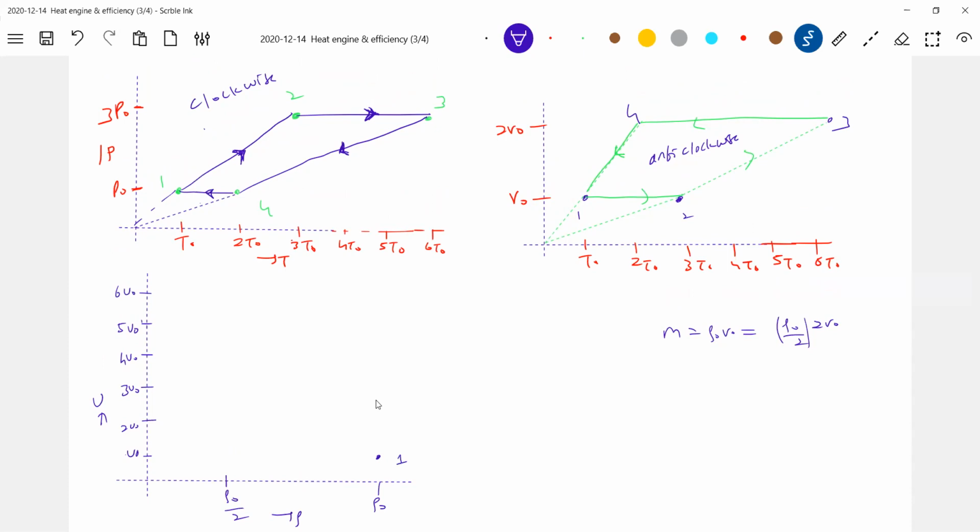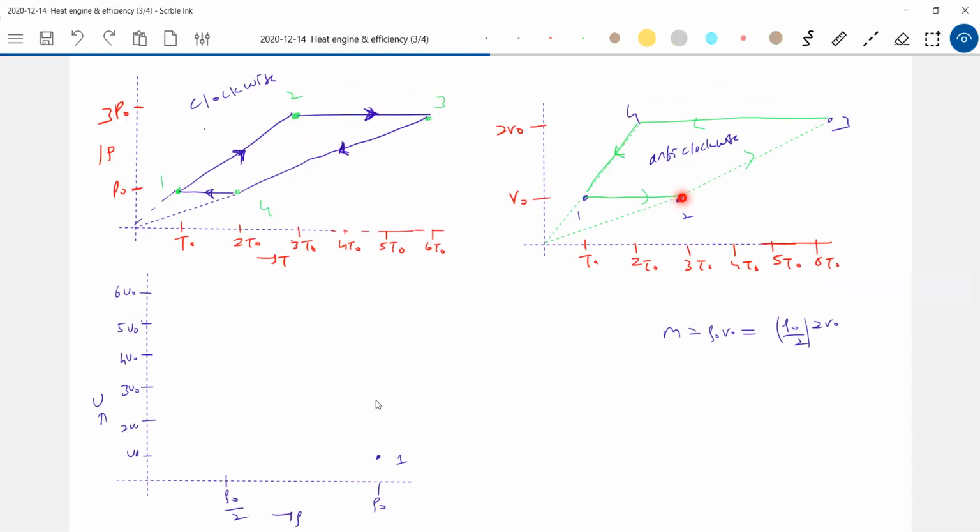Then when the volume of gas is V naught, the temperature is 3T naught. So volume of gas V naught means density should be rho naught only, and 3T naught, so 3U naught.